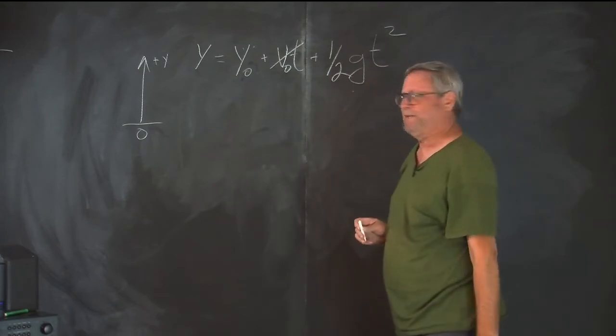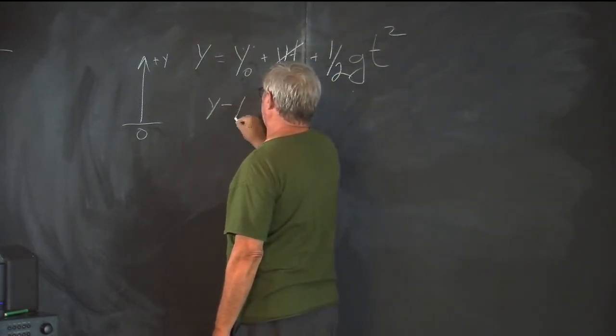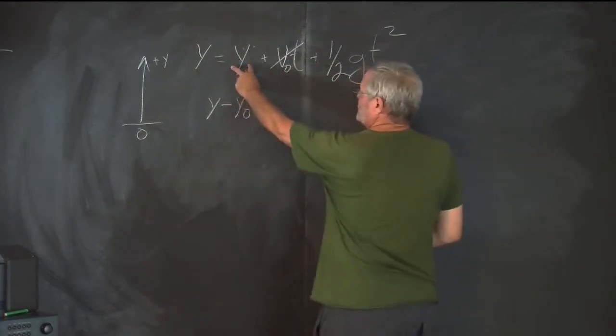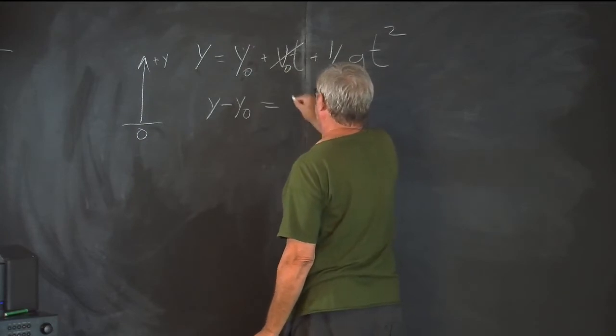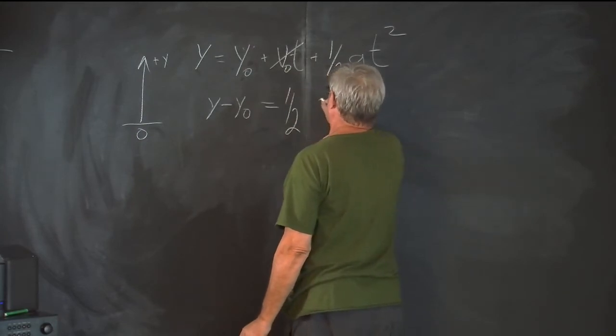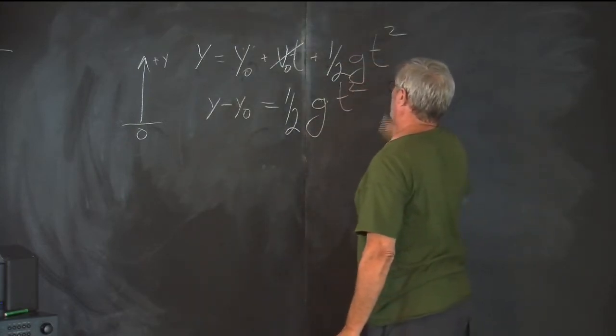Let's do a little algebra to clean this mess up. y minus y0, taking y0 to this side of the equal sign, is equal to 1/2 acceleration, which is g, times time squared.